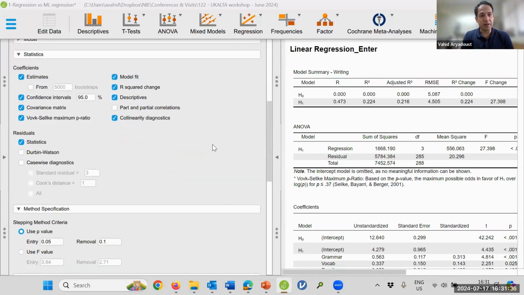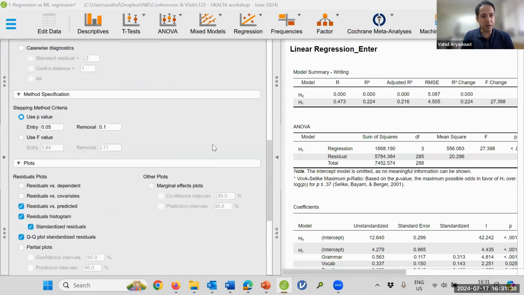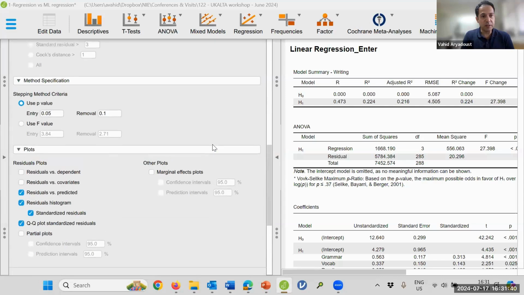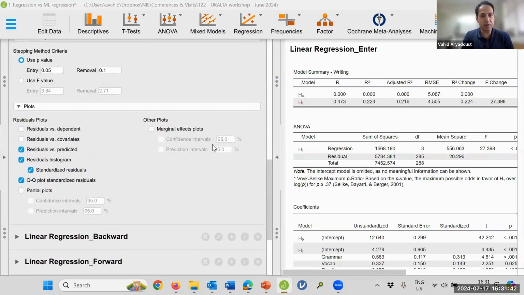Okay, now let's not get carried away. We're basically looking for that plot. You have to scroll down to the plot section, and as you can see, there are different types of plots. What do we want? We want residuals versus predicted. Click on that.